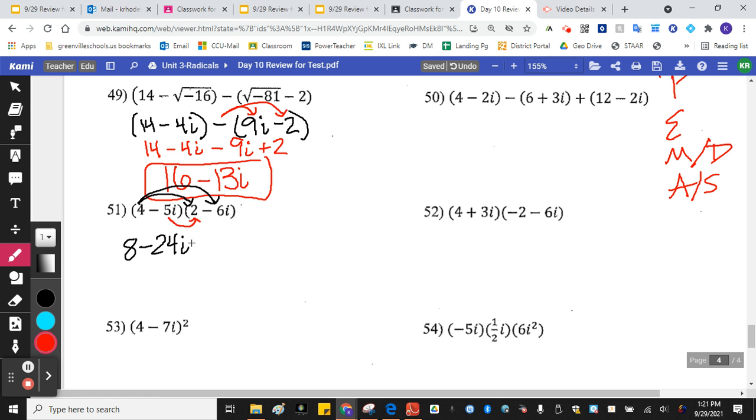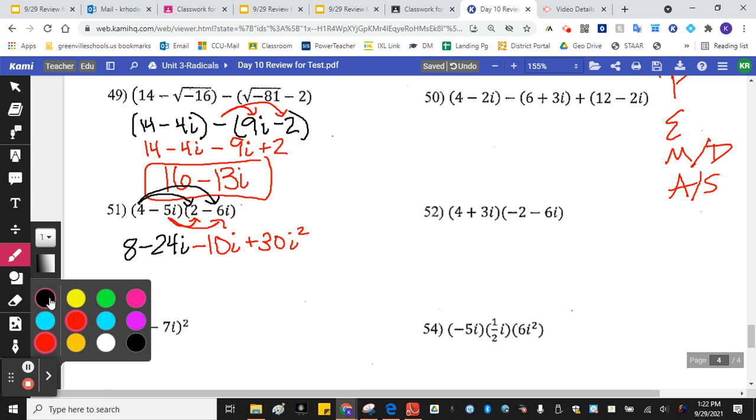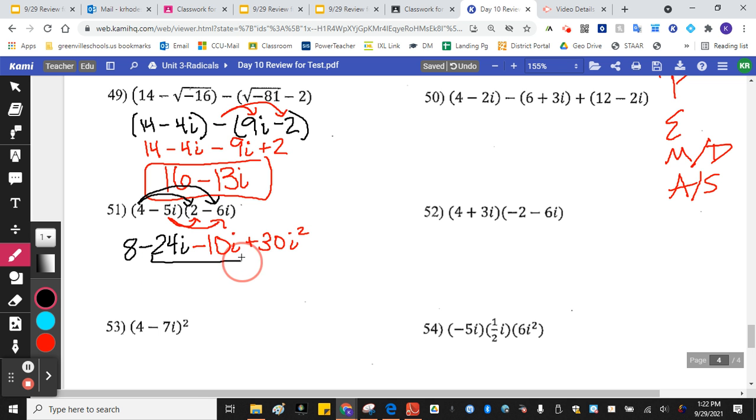Negative 5 times 2 is negative 10i. And negative 5i times negative 6i is positive 30i squared. Whoops. Combine like terms.